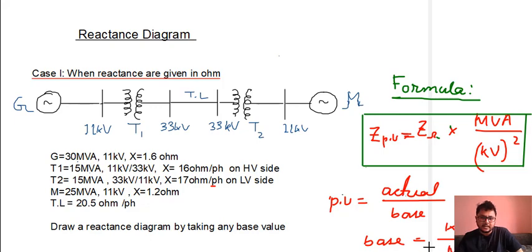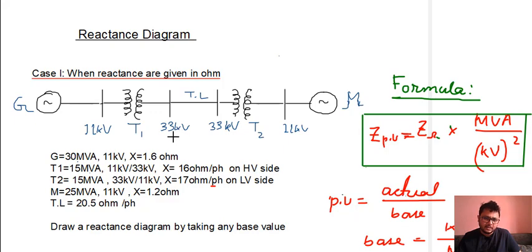We always take the greater, that is the highest value in the figure, as the base value. It has been asked in the question to draw a reactance diagram by taking any base value. That means any base value we can consider, but normally for ease of calculation we always consider the greater value as the base value. Now let us see in the figure which is the greater value: 33 kV.